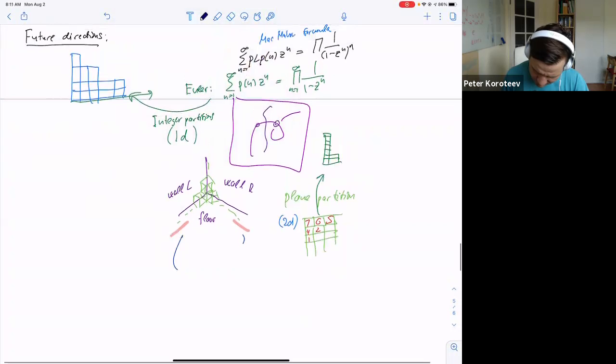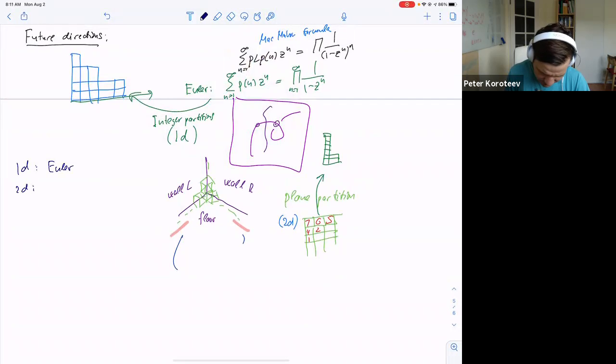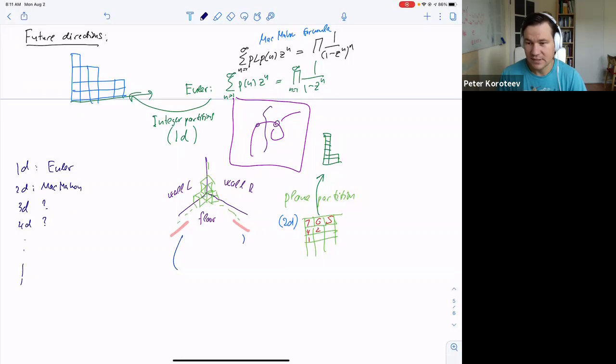Right. So we have this MacMahon formula, and then yes, we have 1D partitions. This is Euler formula. 2D partitions, MacMahon. And you can ask, can you go beyond, right? Is there a systematic study of partitions in higher dimensions, right?